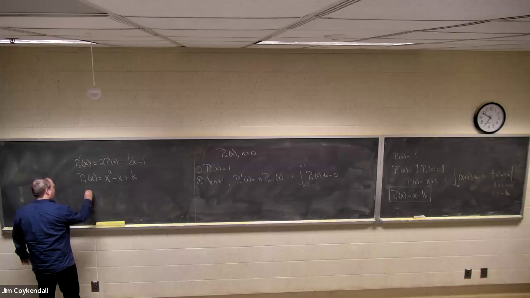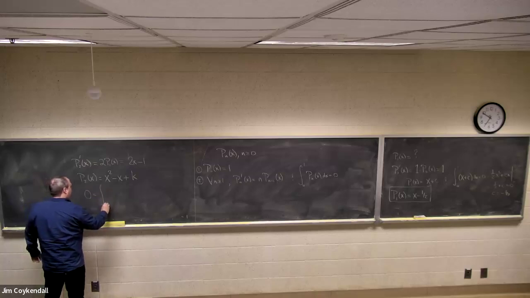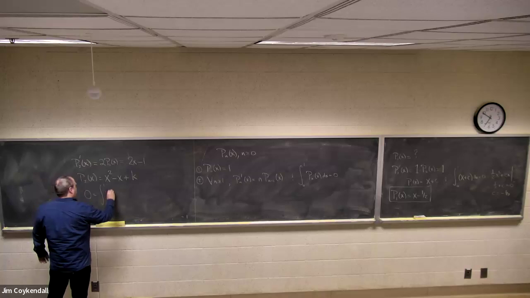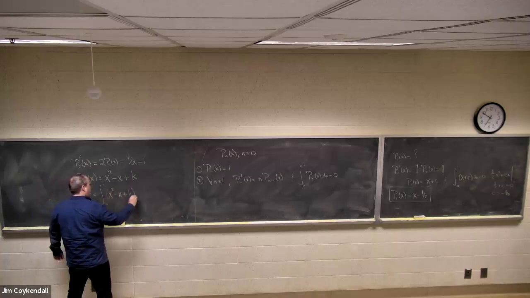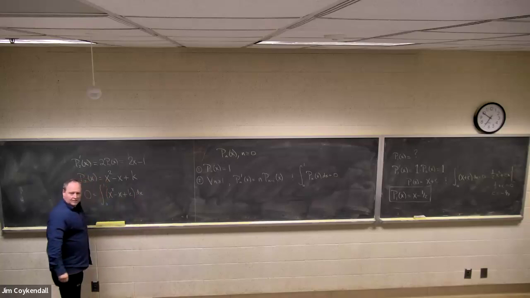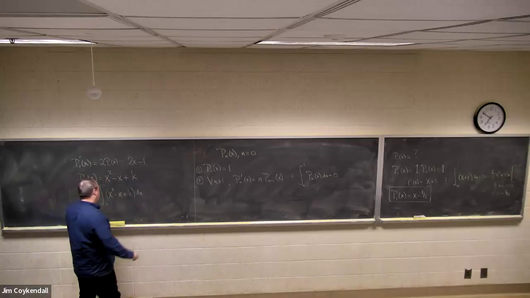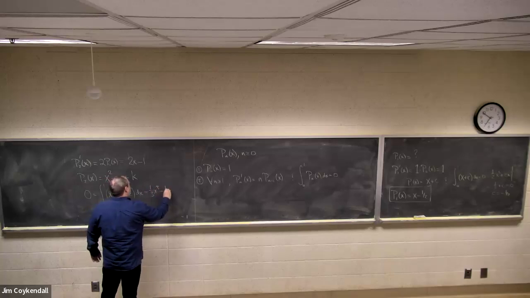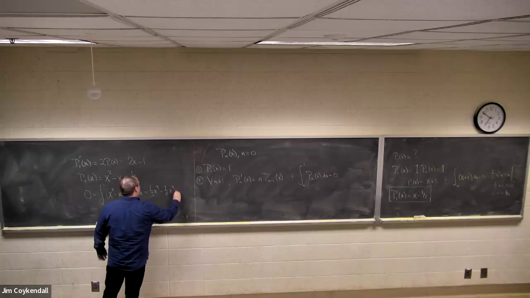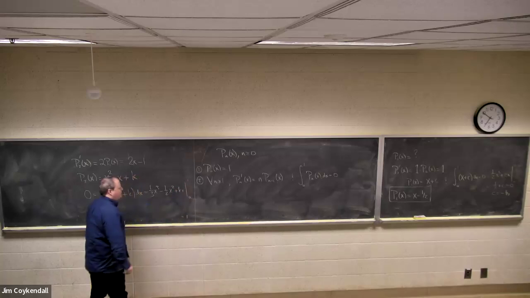So 0 is the integral from 0 to 1 of X squared minus X plus K dX, which equals 1/3 X cubed minus 1/2 X squared plus KX, evaluated from 0 to 1.